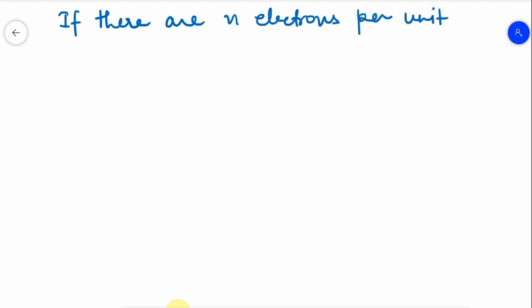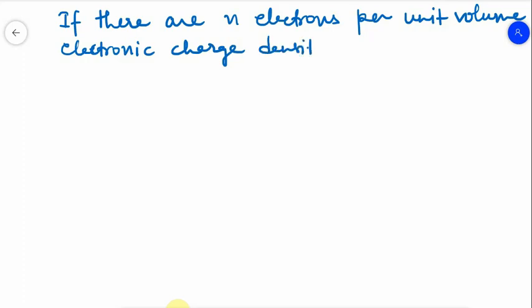If there are n electrons per unit volume, then the electronic charge density can be represented as rho v equals minus n into e, where n is the number of electrons per unit volume and e is the charge on the electron. Put it as equation 5.